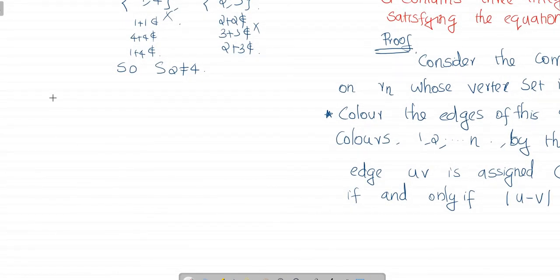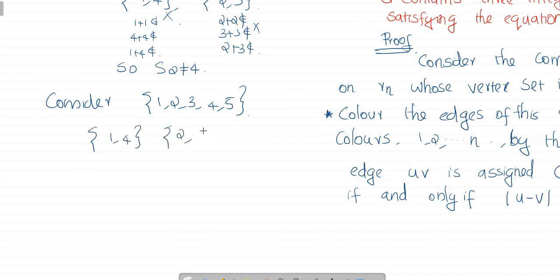Next consider the set 1, 2, 3, 4, 5. Consider the partition. Which partition can we take? Take 1, 4, and the remaining 2, 3, 5. Okay, here 2 plus 3 is equal to 5. Therefore, there exists 2, 3, 5 such that 2 plus 3 is equal to 5, belonging to the set 2, 3, 5.